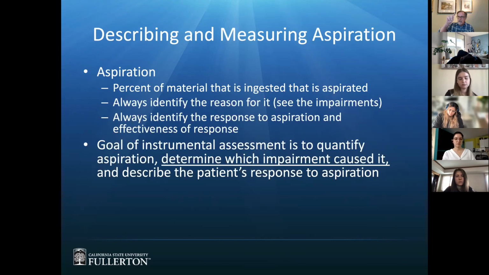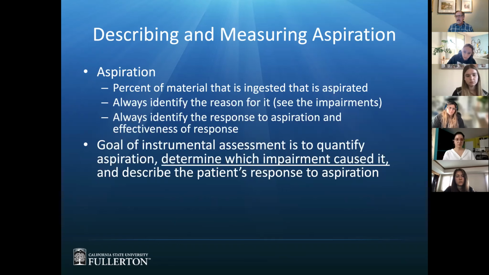You can draw a little line around the material as it's held in the mouth, and the program will count how many pixels on your video screen are held within the line. Then you have them swallow, and let's say they aspirate down into the trachea. Then you draw a little line around it, and the program will compute the number of pixels and the percentage that got aspirated. Does that make sense?